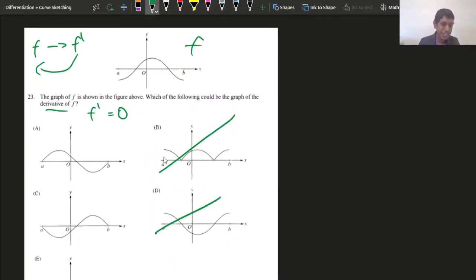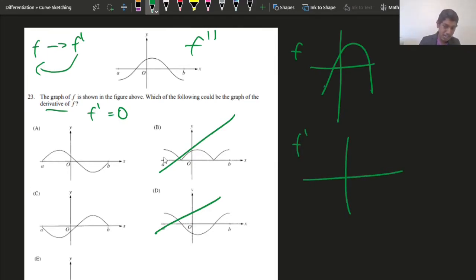So now we're going to look at F double prime, because that will also be visible on both graphs, right? F double prime, on the graph of F, will be concave up or concave down, like a smiley face or something like that, depending on what it is. That's how you can see concavity. But on the graph of F prime, that is whether it's increasing or decreasing.